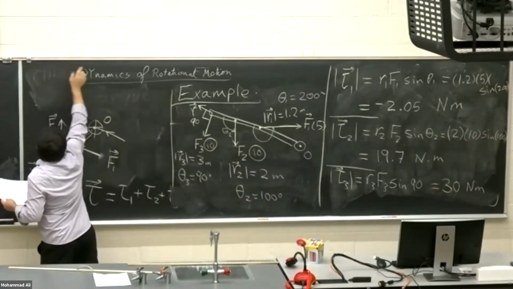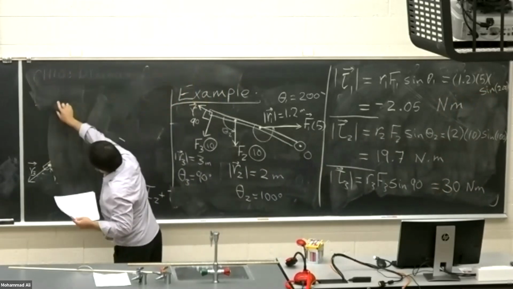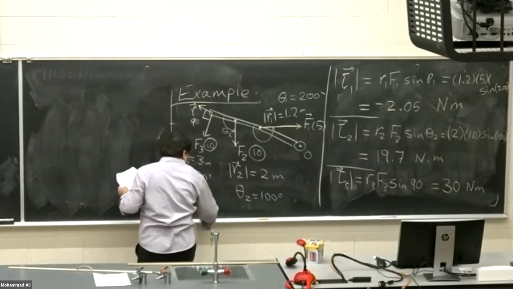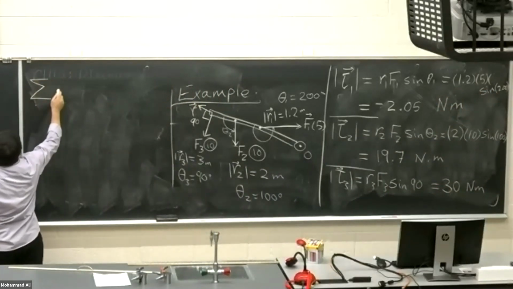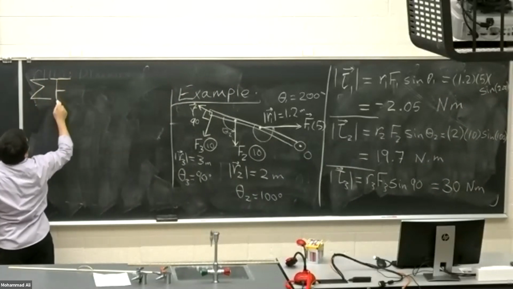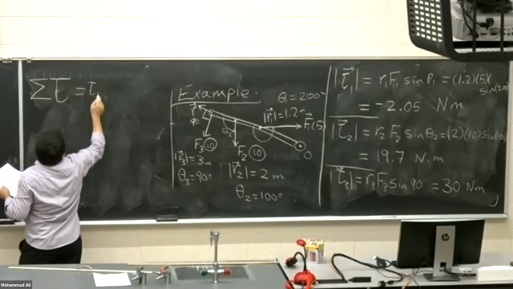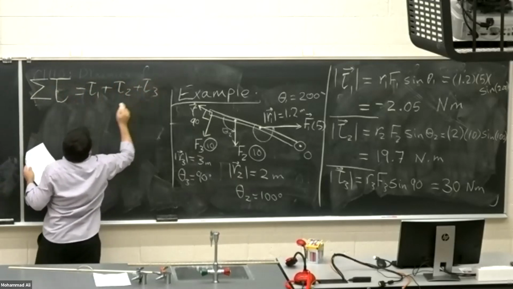Now remove all stuff. We are talking about torque, not the total force. It's equal to tau 1 plus tau 2 plus tau 3.